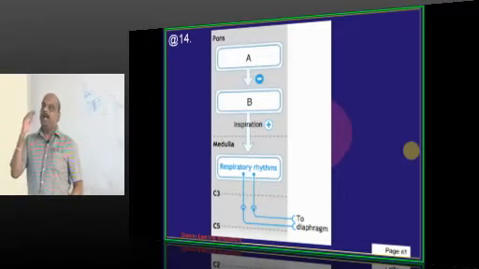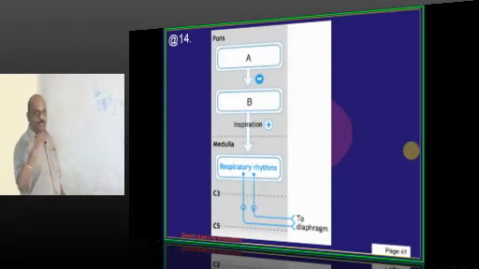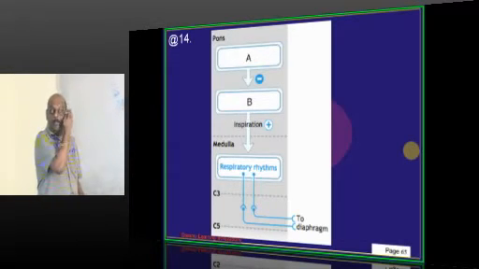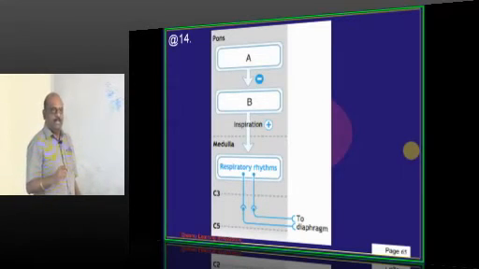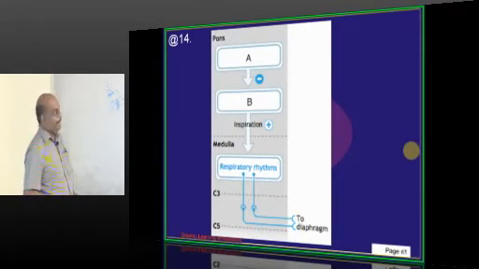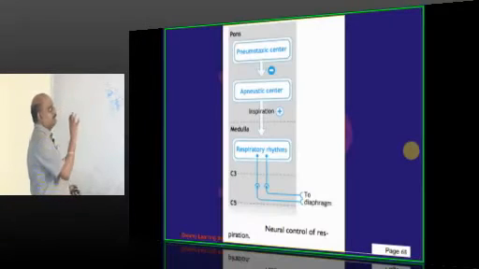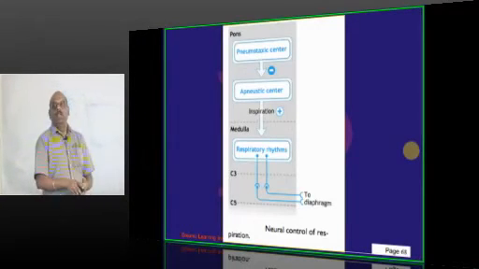Now you have a hierarchy of the respiratory control. In the medulla you have the respiratory rhythm generating center. Ventral and dorsal respiratory neurons are located in the medulla. What do you have in the pons?